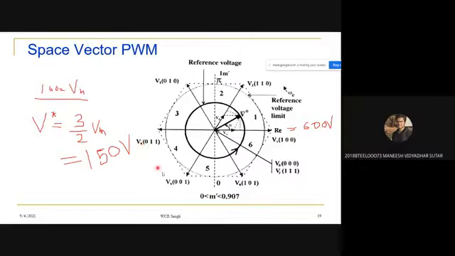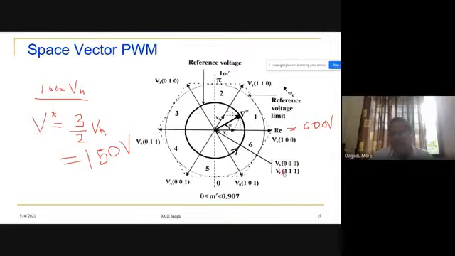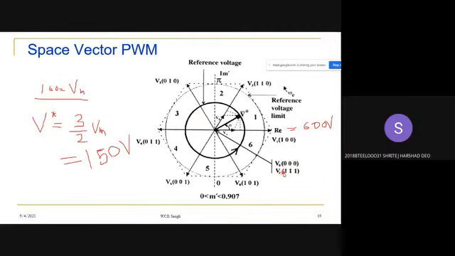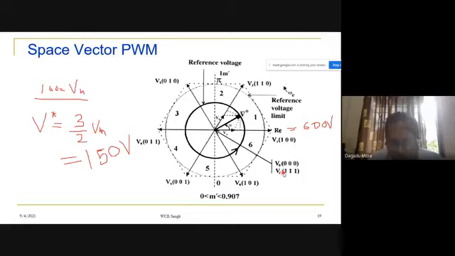V4, V5, V0, V7. V0 and V7 are always required in space vector PWM. Whereas in sector 5, we have to apply V5, V6, V7, V0. So depending upon the sector, we have to apply the switching vectors.